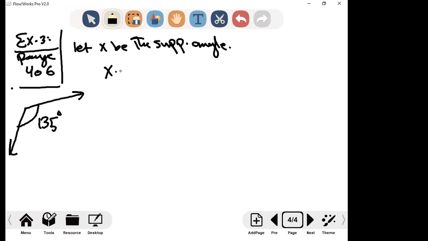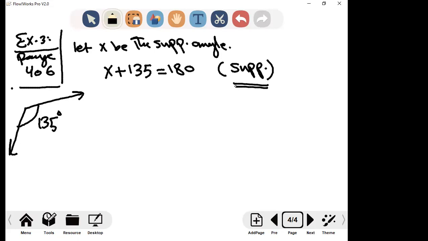So here x plus 135 equals 180. Why equals 180? Because they are supplementary. How do we know that? From the question. The question didn't say straight line, the question said find the supplementary angle.